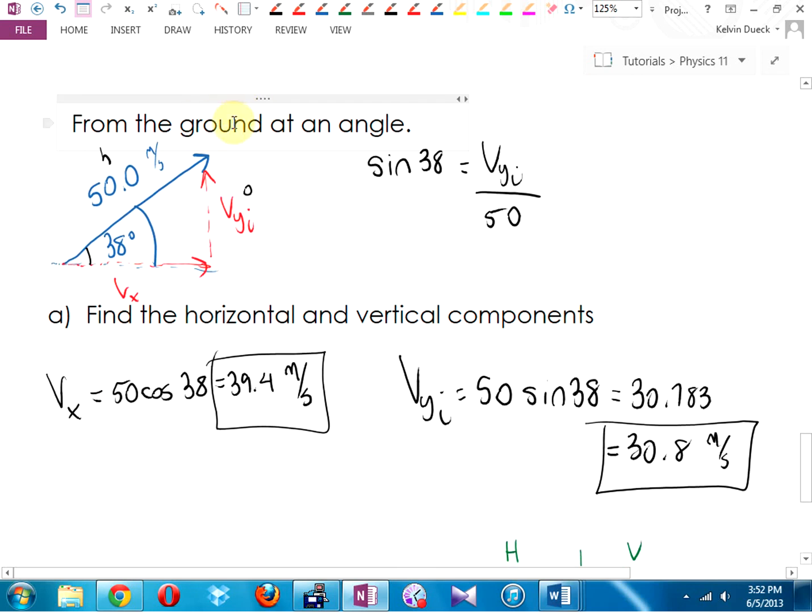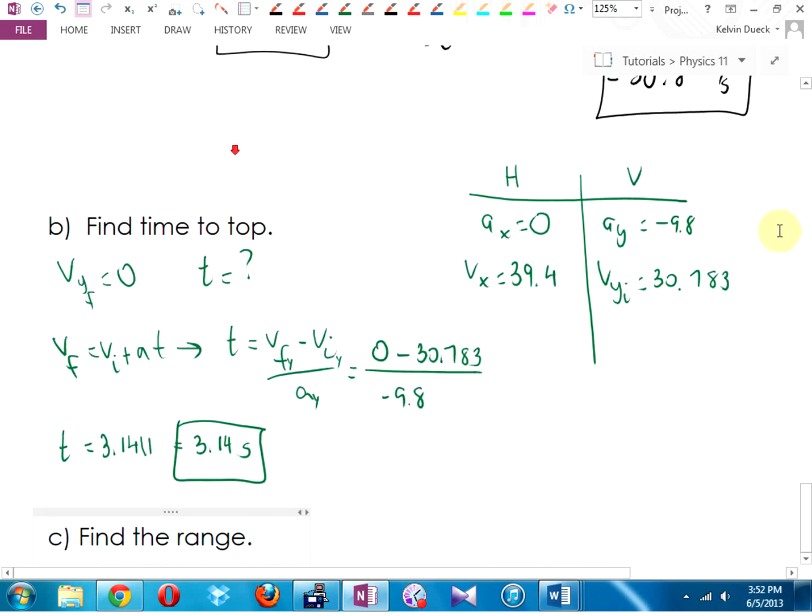How high is it when it ends? 0. What's the vertical displacement of this projectile technically? 0. Horizontally, it's traveled. Vertically, mathematically, it didn't go anywhere. Yeah, it did some stuff in between, but didn't go anywhere. Horizontally, sure. So let's find the range.